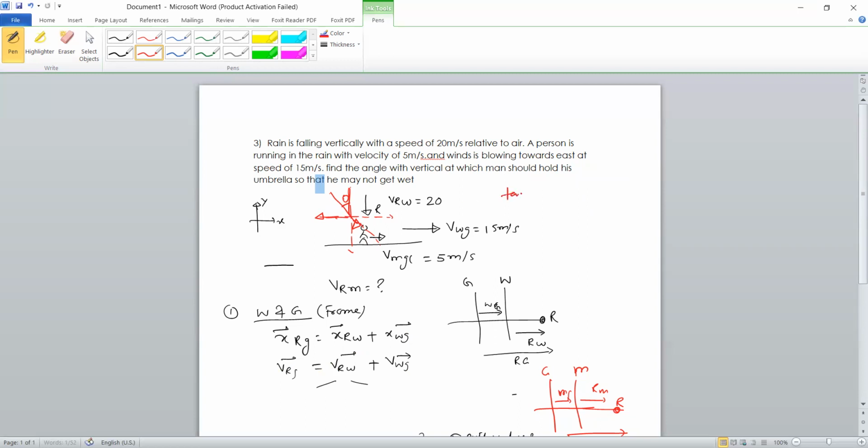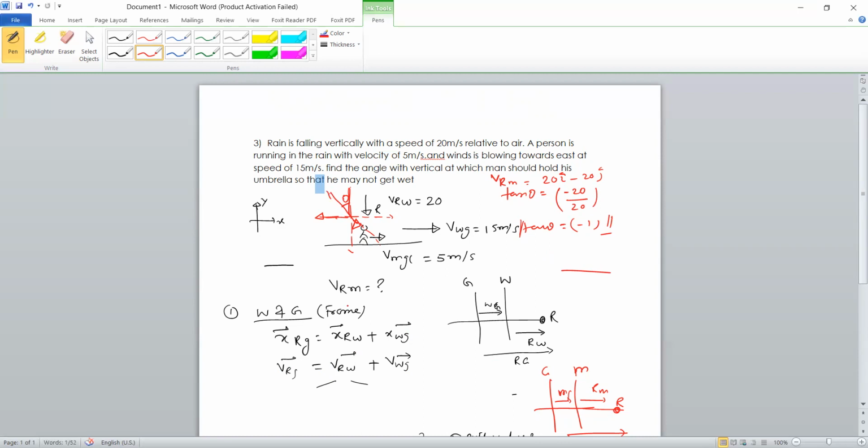So tan theta is nothing but the velocity of rain to man components, which we have calculated as 20i minus 20j. So the j direction, minus 20 by 20, so tan theta is minus 1. So minus 45 degrees. Minus 45 degrees is an anticlockwise 45 degrees. This is the angle.